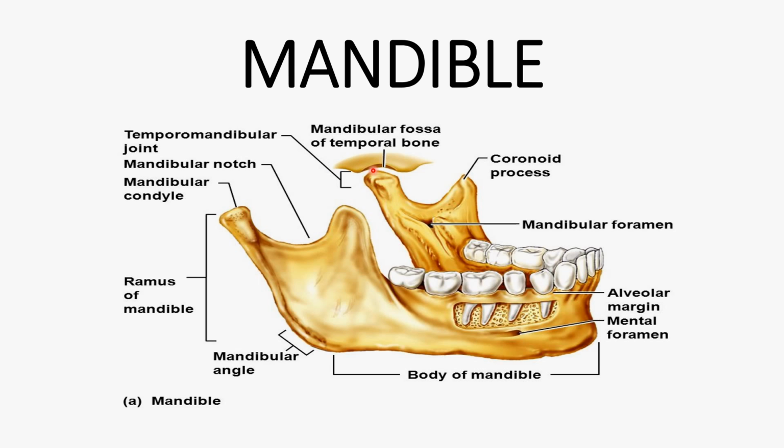In the temporal bone, you can find the mandibular fossa, the depression to attach the mandible to the temporal bone. And you can observe the mandibular notch, and you can find the mandibular foramen.